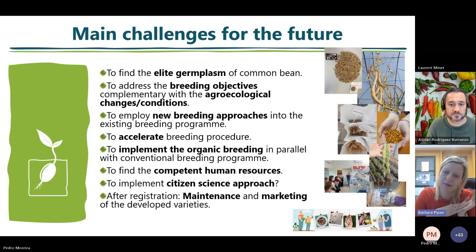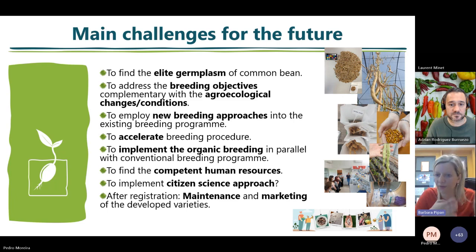I also wanted to list some main challenges for the future. As I already mentioned, it's very challenging to find elite germplasm and to make it available. And of course, to address the breeding objectives according to the agroecological changes we are facing in recent years, and to employ new breeding approaches.